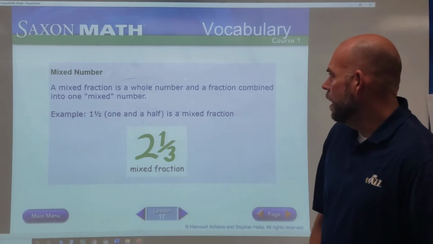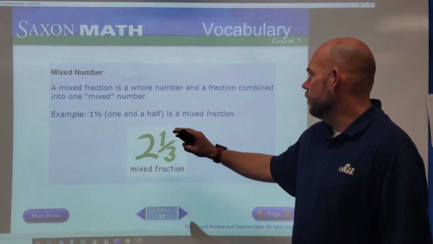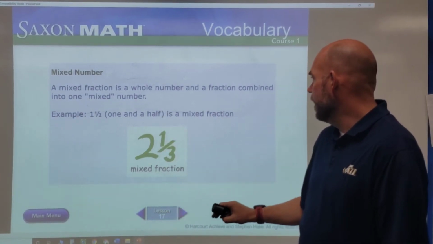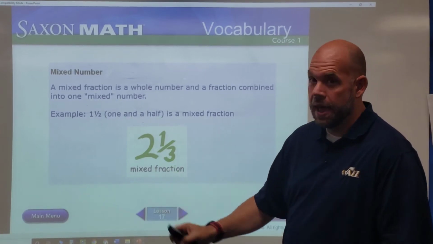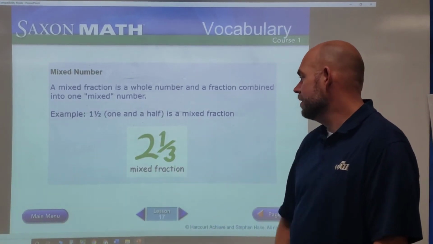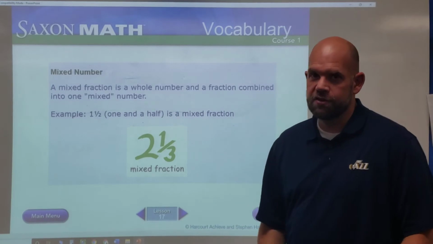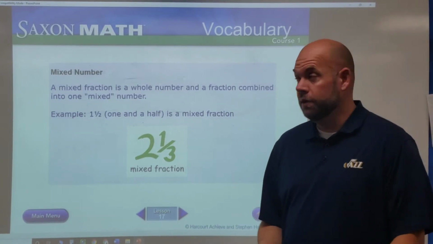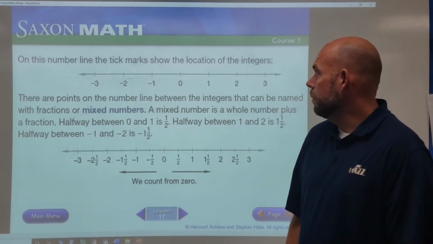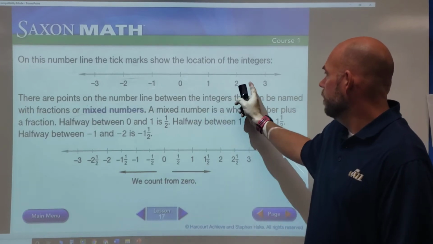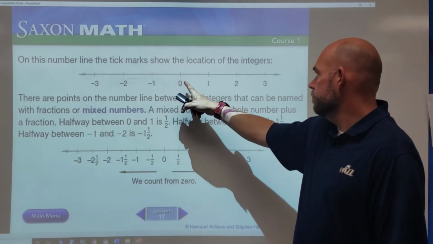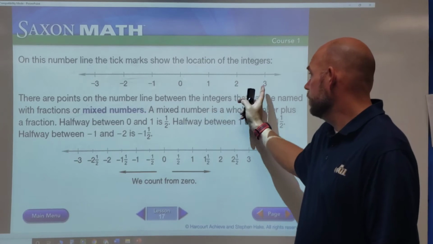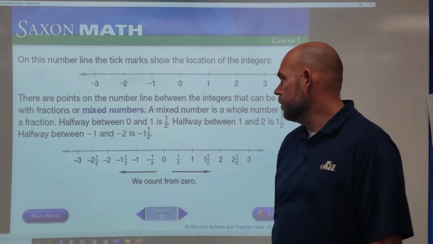A mixed number, or a mixed fraction, is a whole number and a fraction combined. So if we have 1 and a half, then that is a mixed fraction, just like 2 1/3 is a mixed fraction. That's what we're going to be dealing with today on the number line. On this number line, the tick marks show the location of the integers, just moving up in whole numbers, 1, 2, 3, and then with negative numbers, 1, 2, 3.